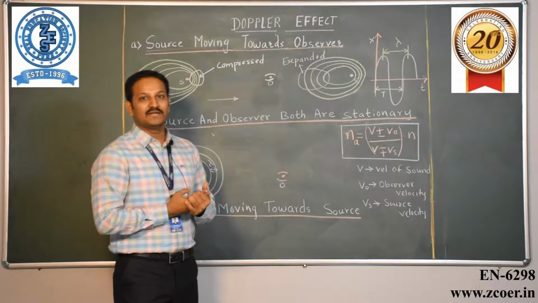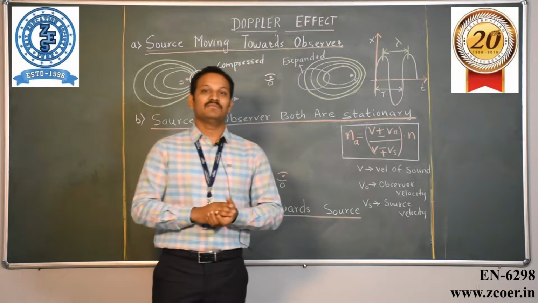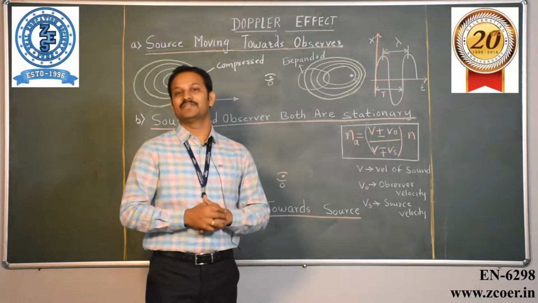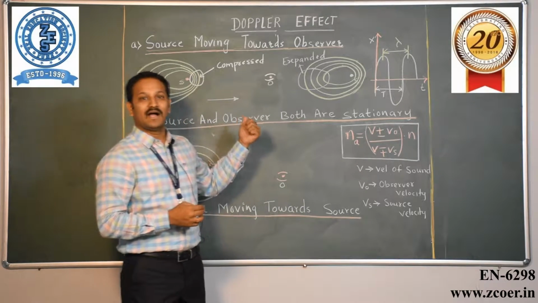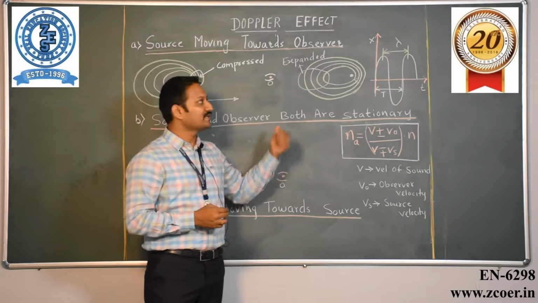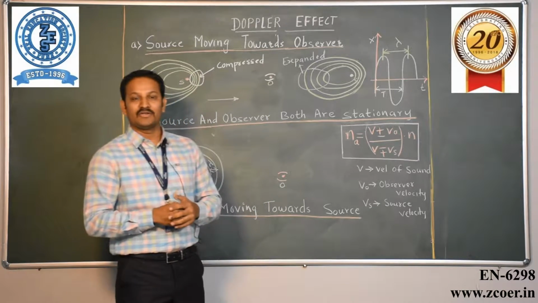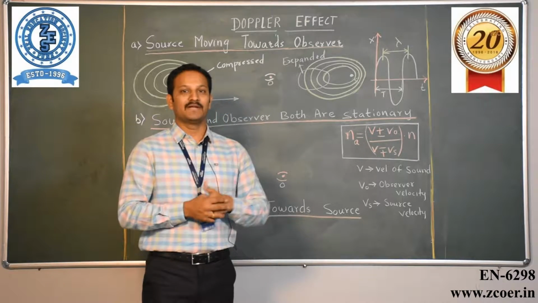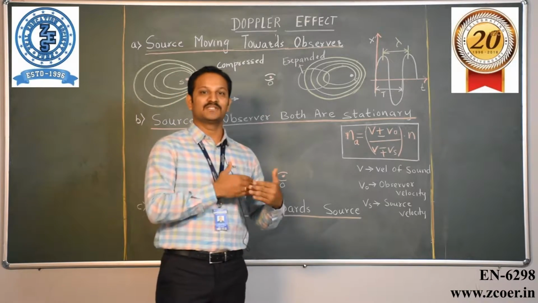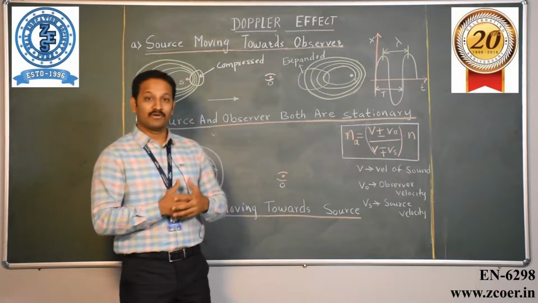So C.A. Doppler was a great physicist and mathematician from Austria, and this Doppler effect was named after him. Now what is there in this Doppler effect? According to him, he did many experiments and drew some observations from those experiments.